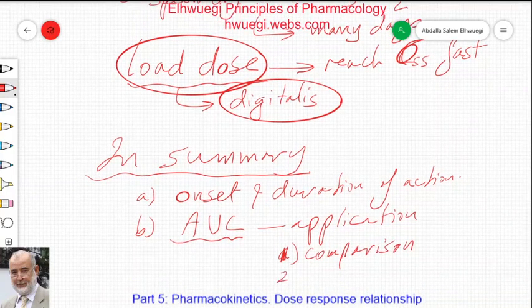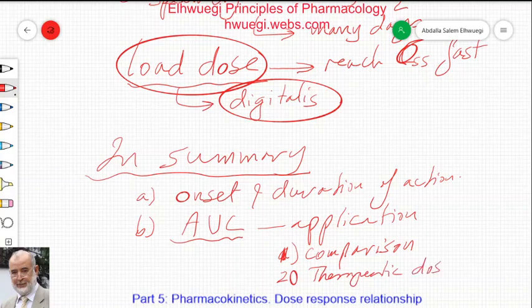The second application is the determination of the therapeutic dose and therapeutic index. Third is the determination of steady state concentration in cases of chronic administration of drugs.